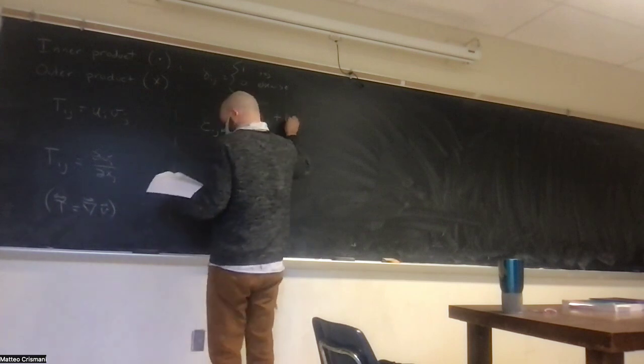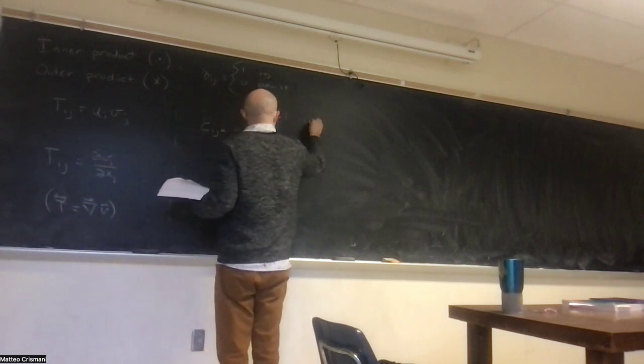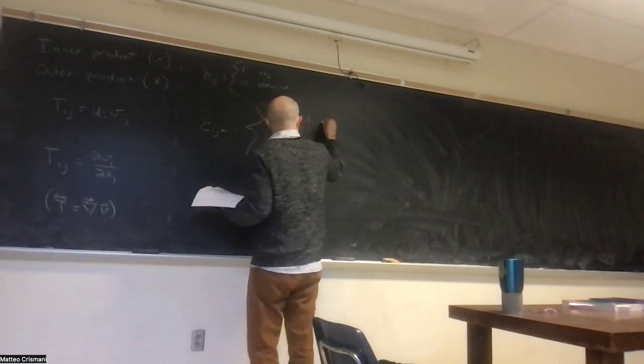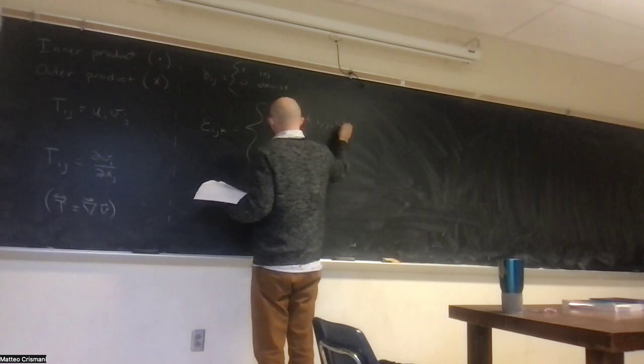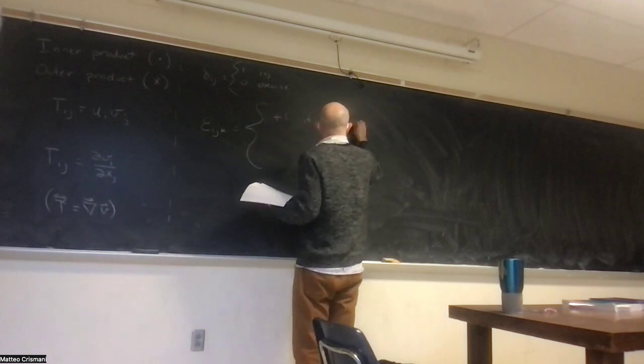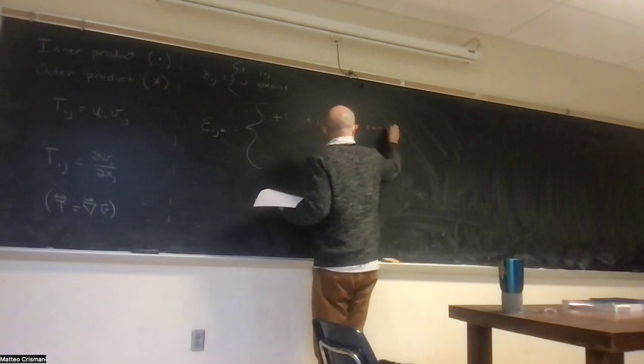It's +1 if i, j, and k are an even permutation.